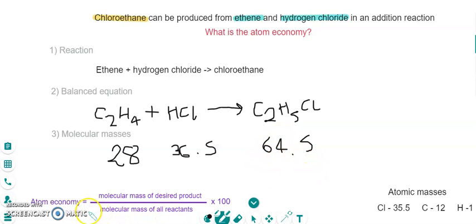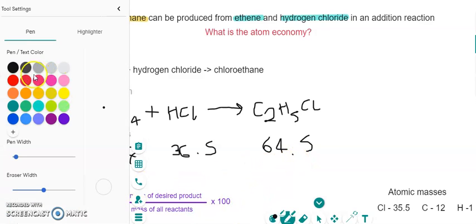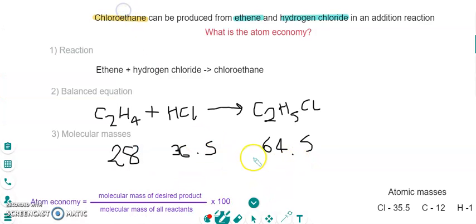So if we were to then plug this into our equation, we would have 64.5 for the desired product. Let me draw an arrow to that. So we have 64.5 going on the top of our equation here, and we have 28 plus 36.5 going on the bottom of our equation, which we already know is equal to 64.5, times 100.